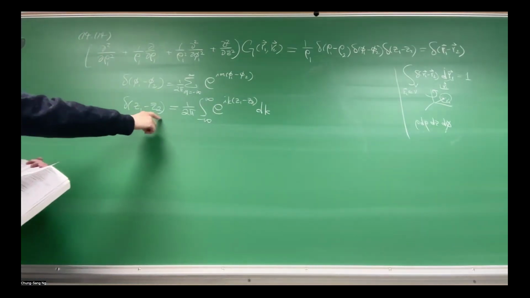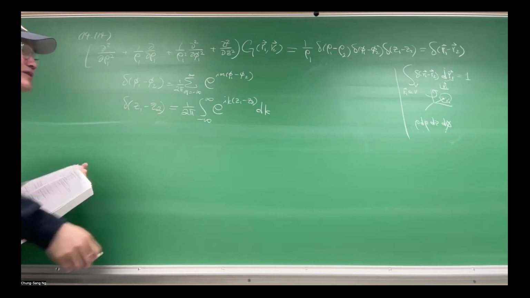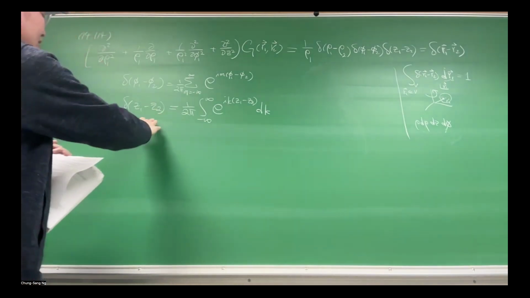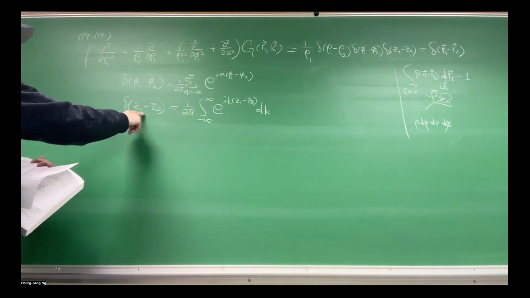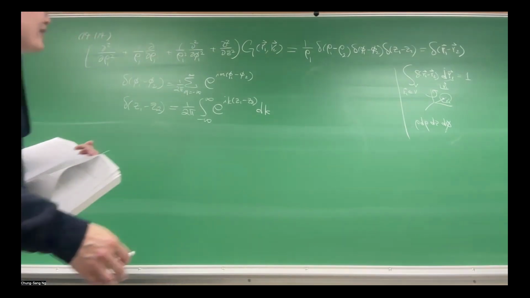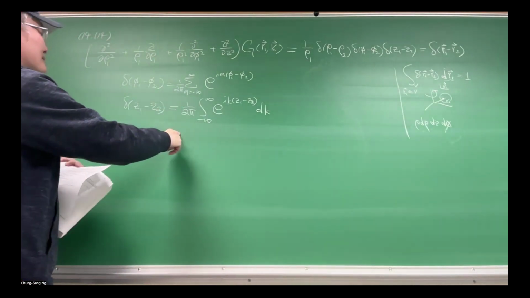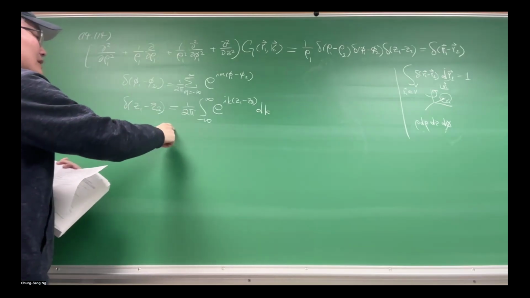Okay, you remember this one? I actually mentioned it a few times. This is an important equation. Again, it is like doing a Fourier transform of the delta function. You can look at it that way, although mathematically it's not very rigorous. But anyway, that's the relation.